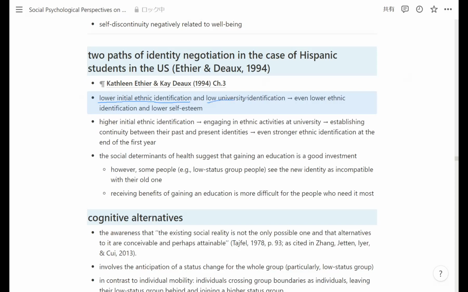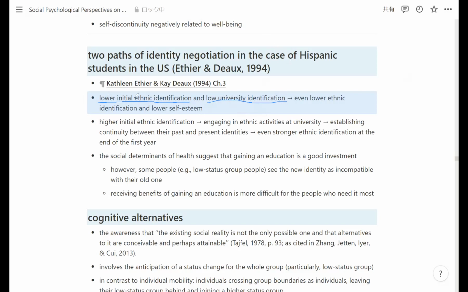And lower university identification is somewhat prevalent among low status group people. This is because those who belong to low status groups would perceive incompatibilities between their old identities, or initial identities, and new identities like university student.